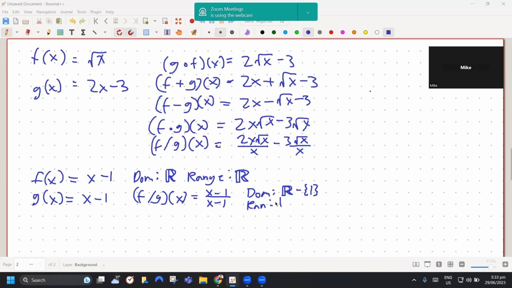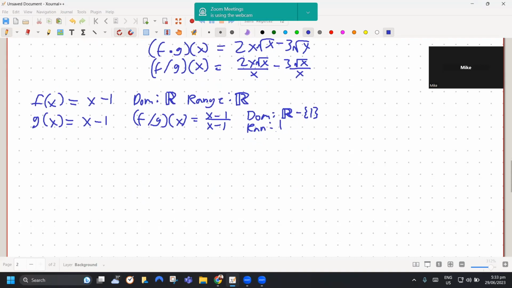So lagyan mo ng set ng bracket symbols to denote it's a set containing the number 1. Ayan. So ito yung pinaka-extreme na example nung kailangan ka mag-ingat sa paghanap ng domain at range kapag kumuha ka ng sum, difference, product, and quotient.